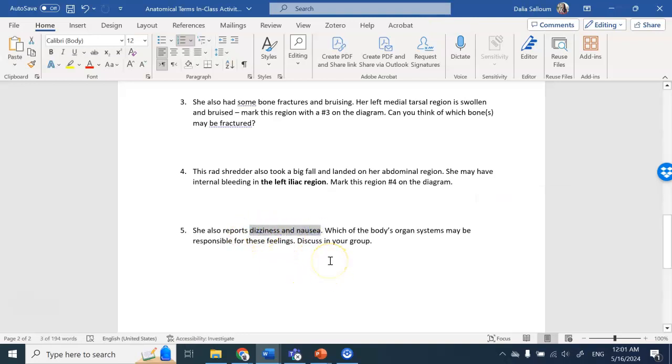Well, the obvious ones would be maybe the nervous system, right? If you hit your head or you feel some sort of dizziness, it could be due to a trauma to the head. It could be due to a concussion. And then another obvious one that we're all familiar with is the digestive system. If you don't eat, you get nauseous, or if you eat something really yucky, we know there's a connection with the digestive system and the feeling of nausea.